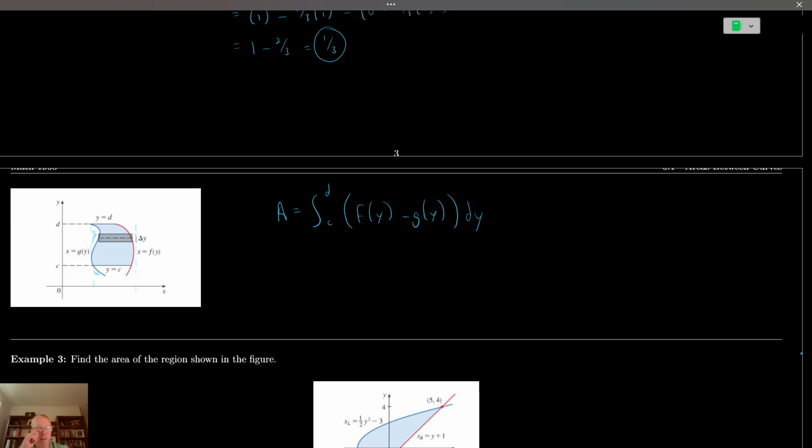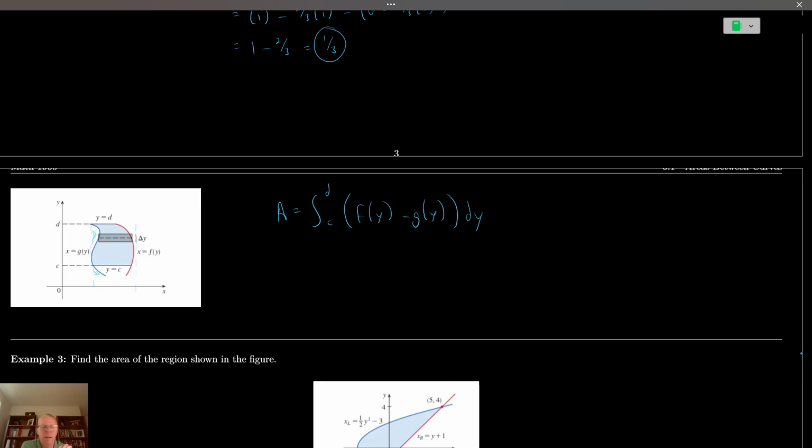It's the same thing, just turned sideways. It looks a little bit different, but it's not really any more difficult. The only tricky thing might be which is the upper limit and which is the lower limit. But on the y-axis, d is greater than c, so that makes sense that we would put d up here.